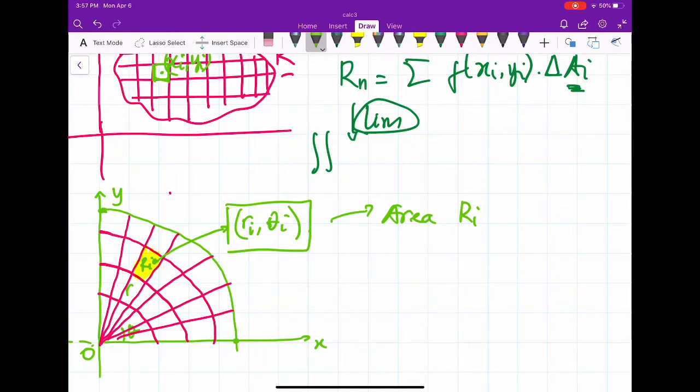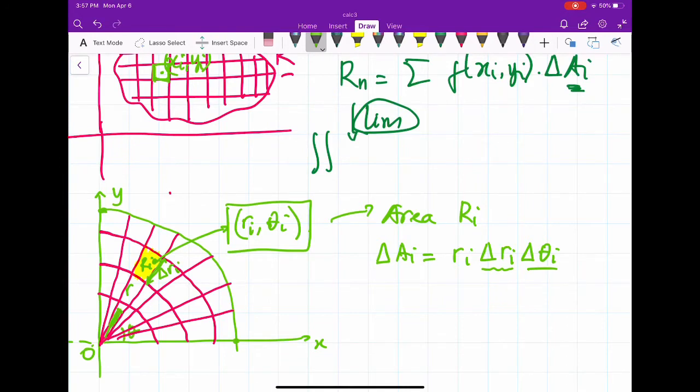And we know that the area of this piece is nothing but delta A_i equal to r_i delta r_i delta theta_i, okay? Where delta r_i is this, just the difference between two radii, and delta theta_i is this angle.